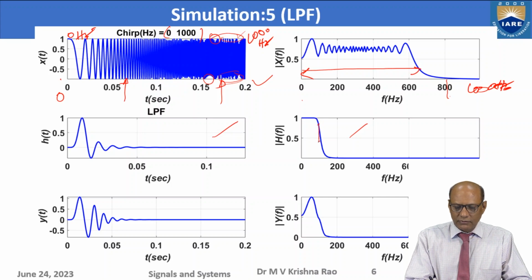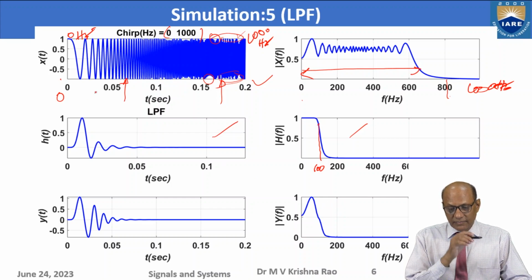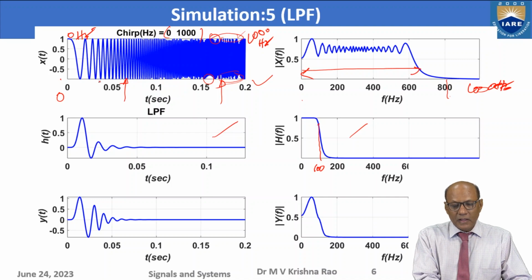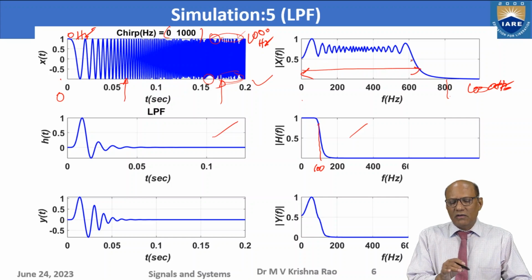The cutoff frequency is 100 Hz. But if you see here, there are all frequencies, even though it is up to 1000, all frequencies from 0, 1 Hz, 2 Hz, 3 Hz, like that, every Hz is there in this waveform.